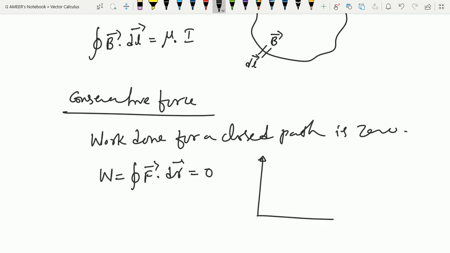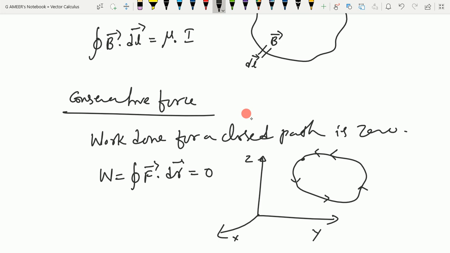So that means I have a closed path here, let's say in 3-dimensional space x, y and z. There is a closed path. The starting point is the same as the ending point. So I can carry out the integration from this point and again come back to the same point. So if the work done for a closed path is 0, then the force is known as a conservative force.